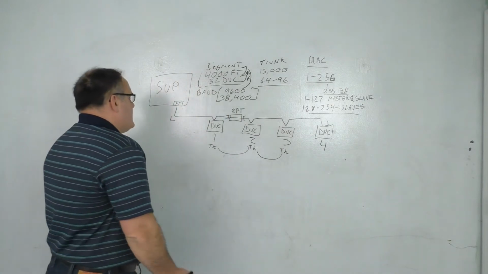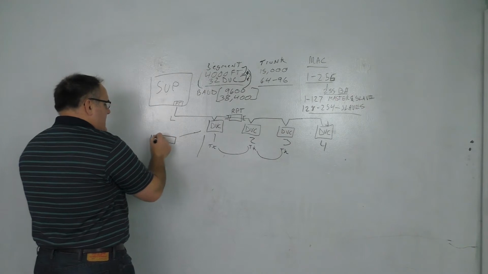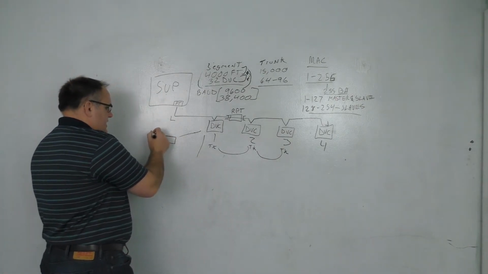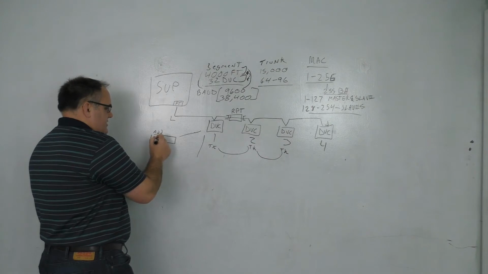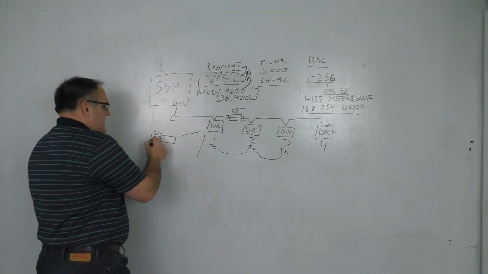Now, how do you address? Well, if we were to blow this out real quick and look at a controller, it would have a dip switch, which would be its address switch. And then you're using binary math, turning these dip switches on or off by flipping them up or down, and then it adds up.